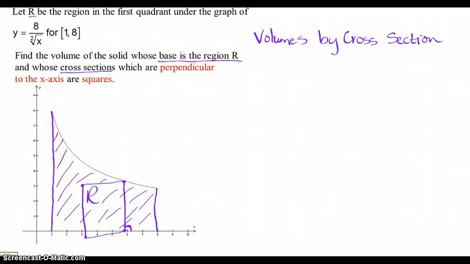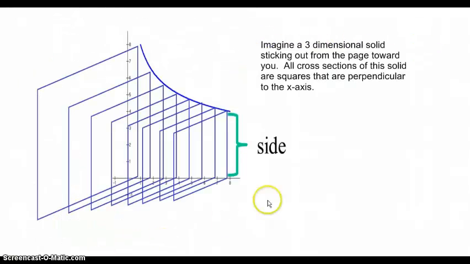Now I'm going to move to the next slide to show you what we're talking about. Again, here is our region in the plane. There is x equals 1, here is x equals 8. So there is our region R in the plane that is the base of our solid.